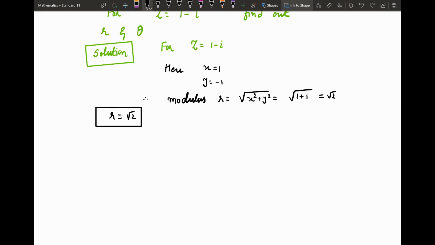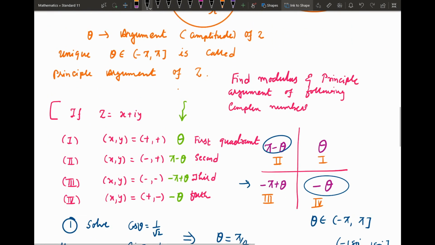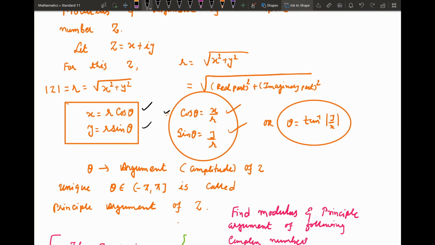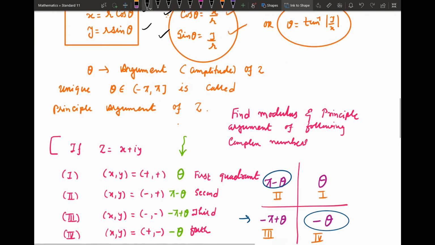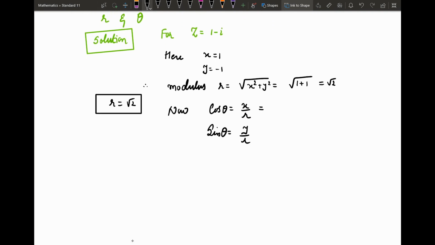Now cos theta equal to x by r, real part upon modulus, sin theta equal to y by r. You check this formula, cos theta x by r, sin theta y by r. So cos theta is 1 upon root 2, sin theta y by r, y is minus 1, so minus 1 upon root 2.